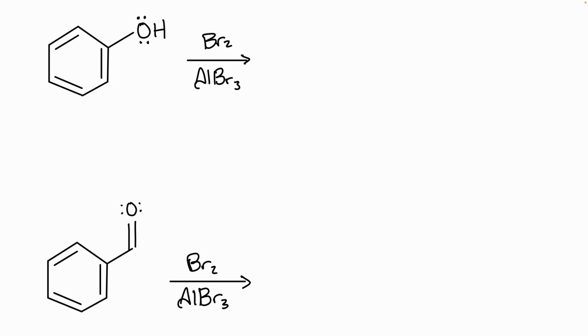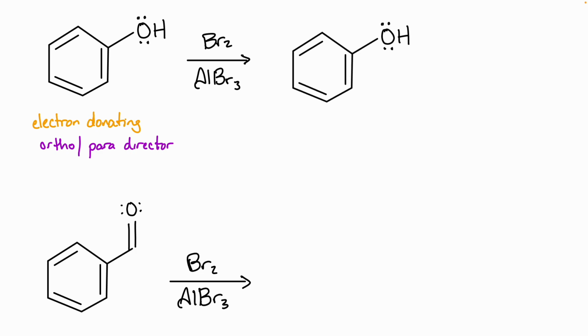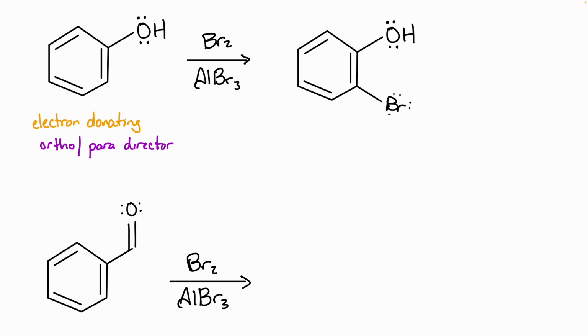So how are we supposed to do this? Well, we recognize that that OH group is an electron donating group. And so that makes this an ortho-para director, which means that my incoming substituent is going to be directed either to the ortho position or the para position.